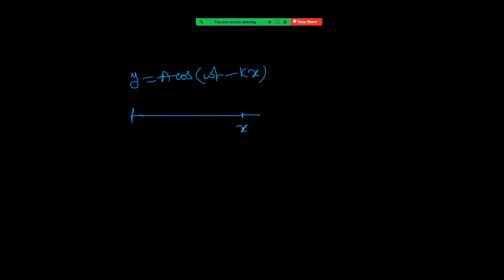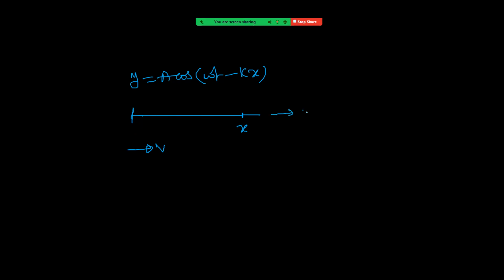I am repeating. Consider a string, just for understanding. Take one end as origin and focus on one point whose coordinate is x. Now we are observing the same point from a different frame, and that frame is moving along the positive x-axis with a velocity v.